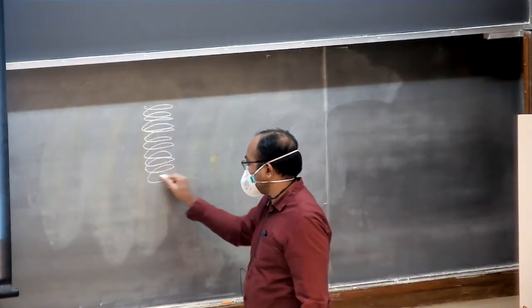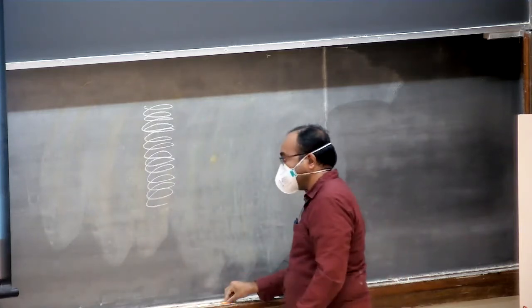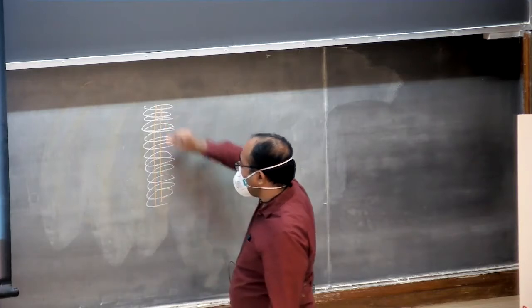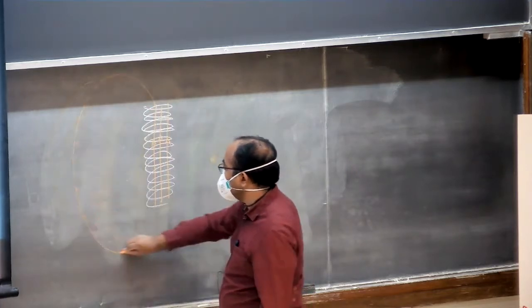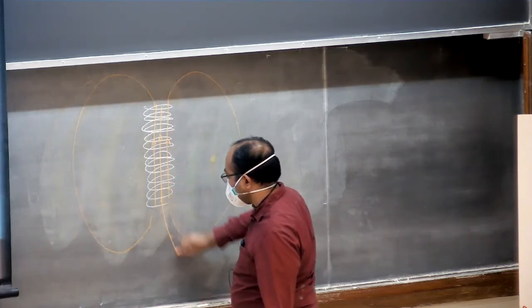So it's like this. Let's say you pass the current through in the appropriate direction. What you're going to end up with is a nice uniform field in the center, and then out here it loops around like this.